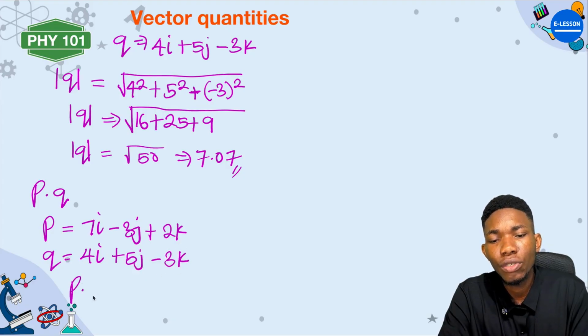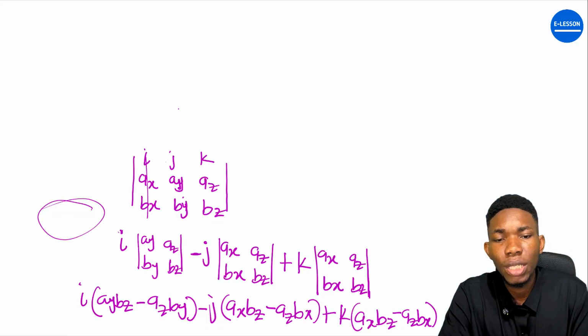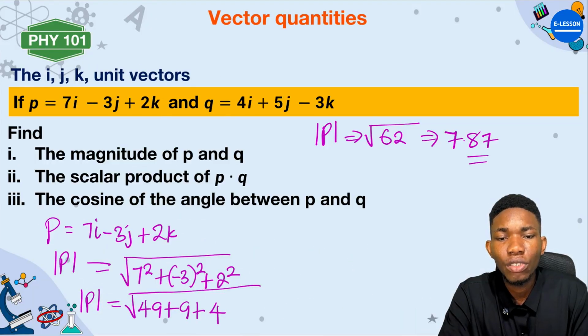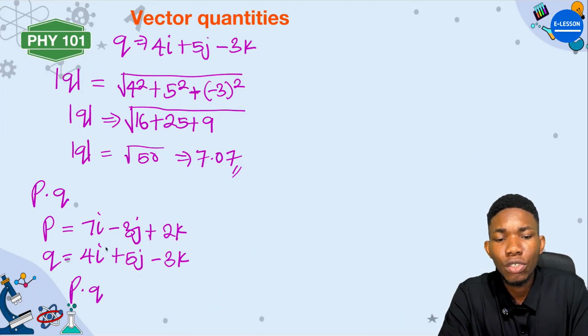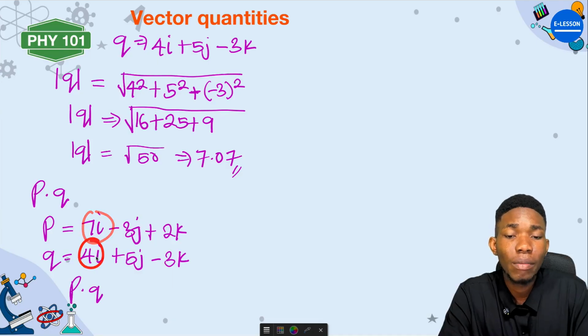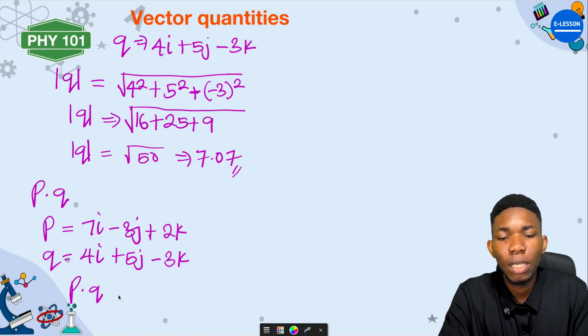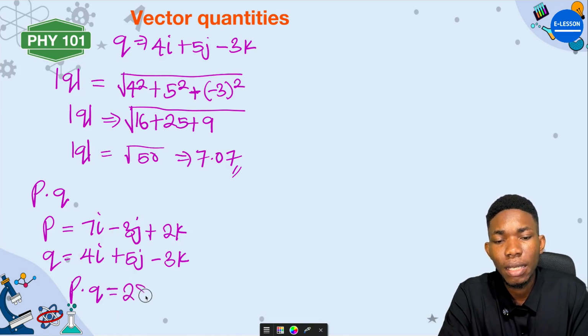Now, for P dot Q, just use what you have here to multiply, knowing that i dot i will give us how many, my dear students? 1. So 7 times 4 gives us 28.